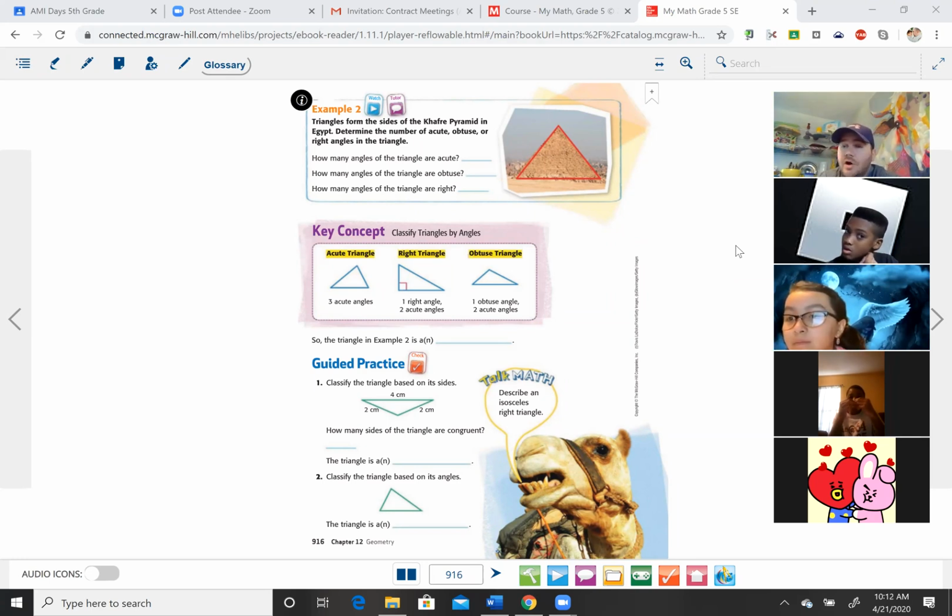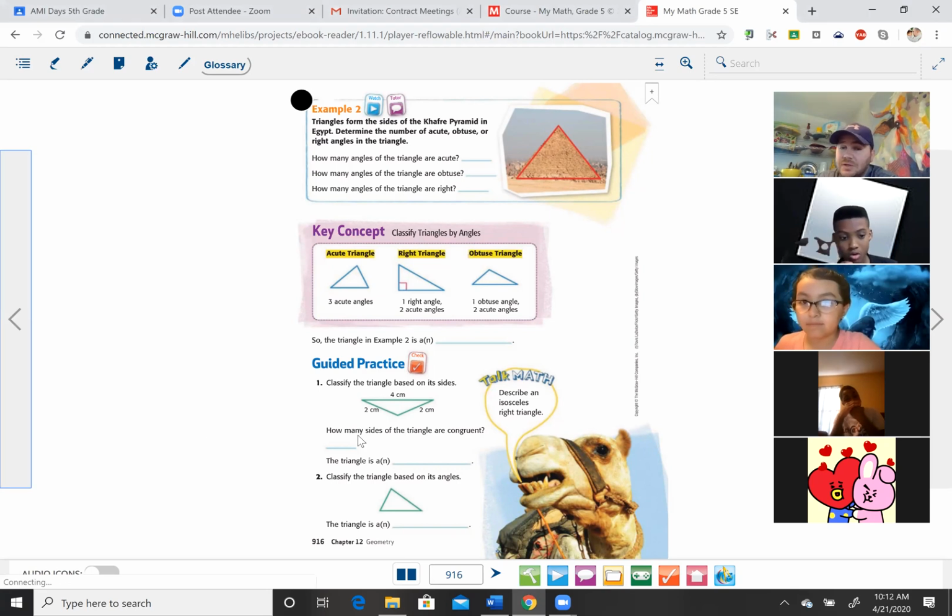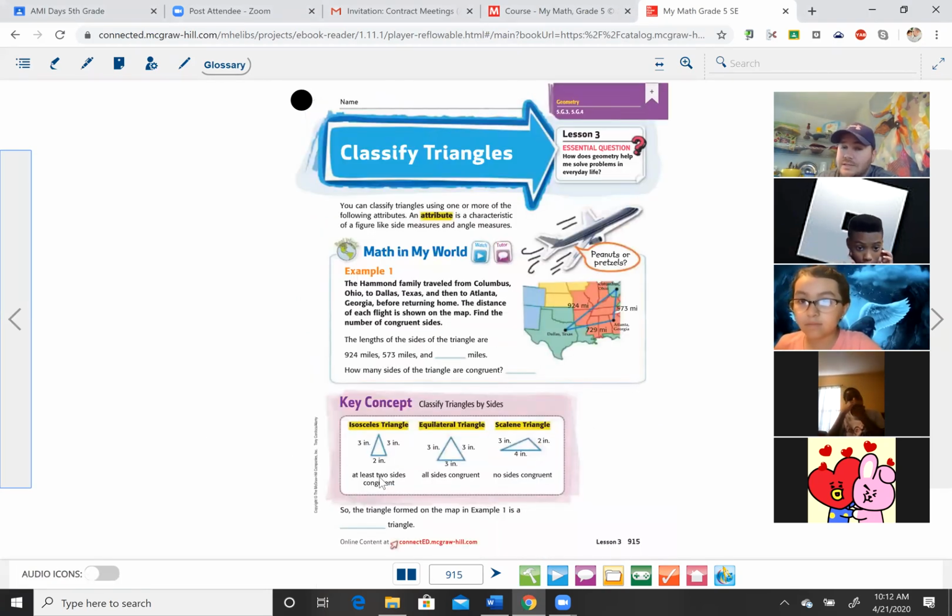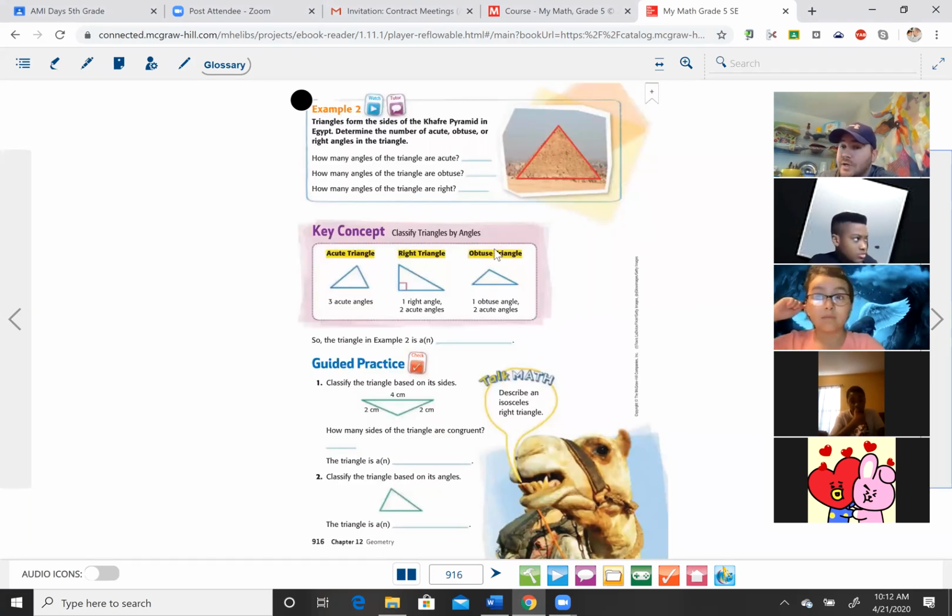So literally all you have to do is look at the triangle. Alejandro, I'm gonna mute you again. Since there's 2 and 2, it's isosceles. So we go back and use this table. We have 2 sides the same, so that means we have isosceles. Then we look for acute, right, or obtuse angles.